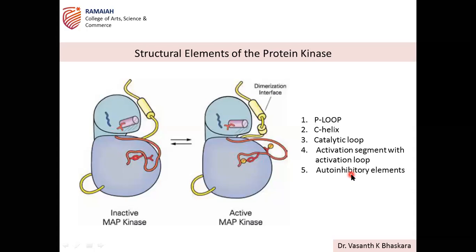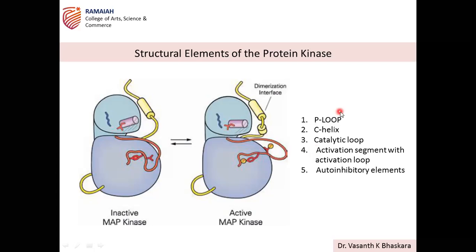It is not activated by phosphorylation as in the activation loop; rather, it influences the activation pocket to get closed. That is how the autoinhibitory element functions, and that is why it is known as a pseudosubstrate, right?